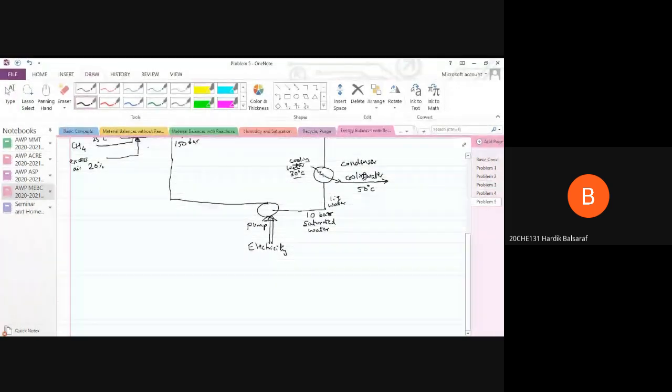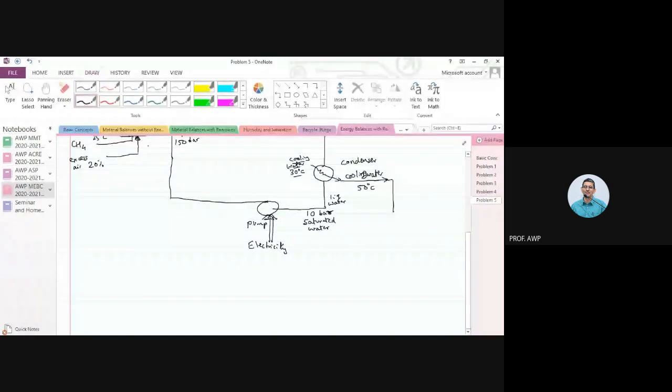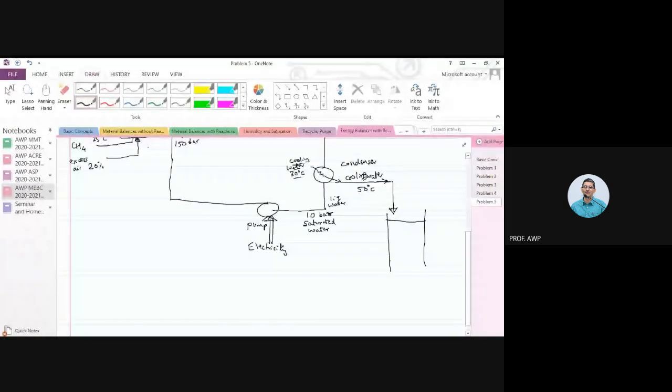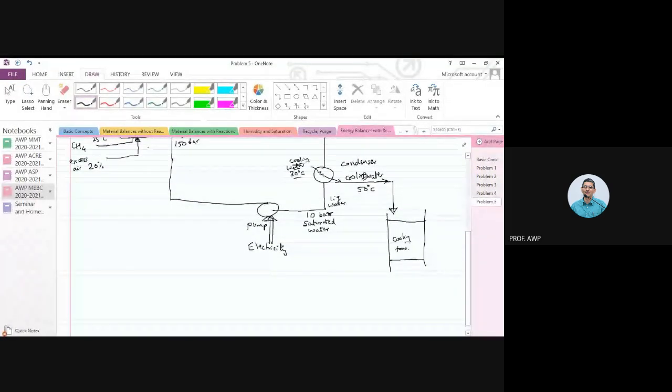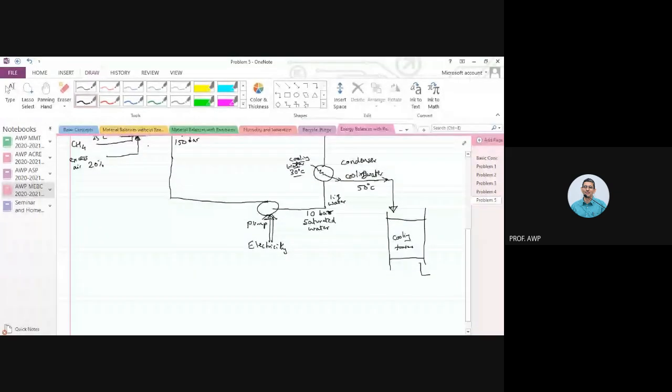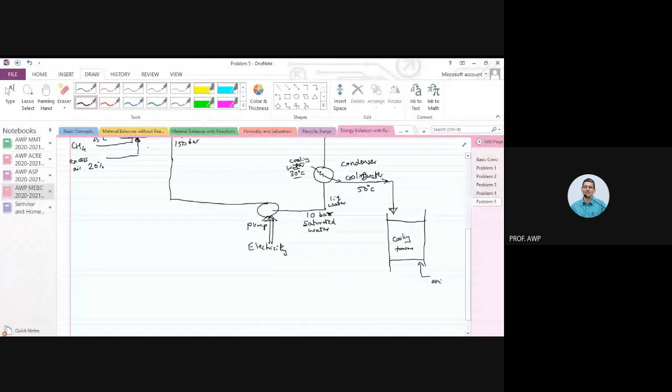If you have any doubts, please ask. So we send it to a cooling tower where we supply ambient air. That ambient air gets heated up and humidified, hot humid air.